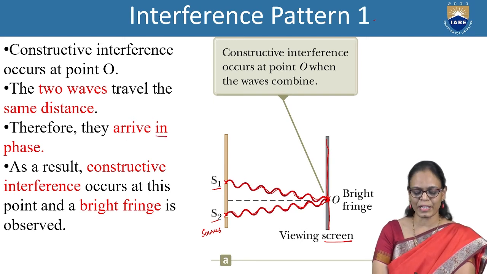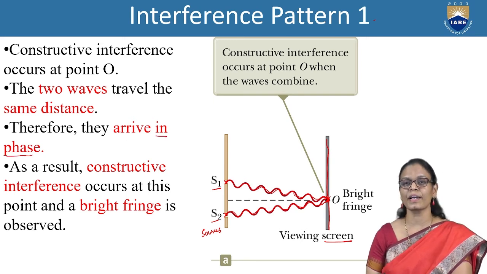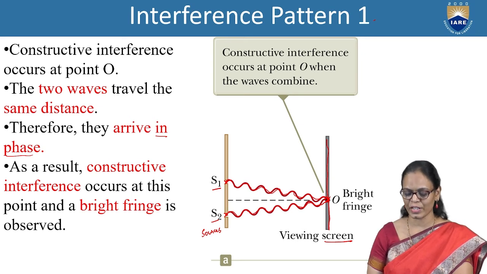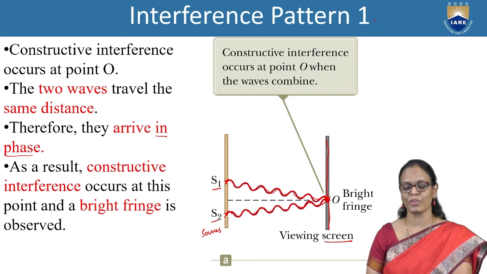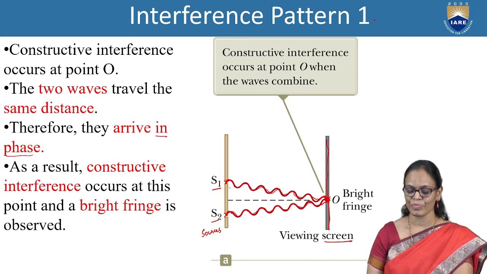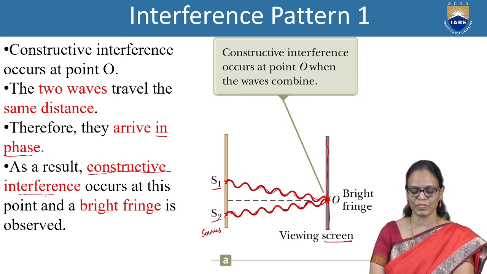In phase here means what? These are two coherent sources. So here you have a crest, here also a crest. So here also you have a crest, here also you have a crest. So they are in phase. The crest of one wave falls on the crest of the other wave, means they are in phase. So as a result, there will be a constructive interference.